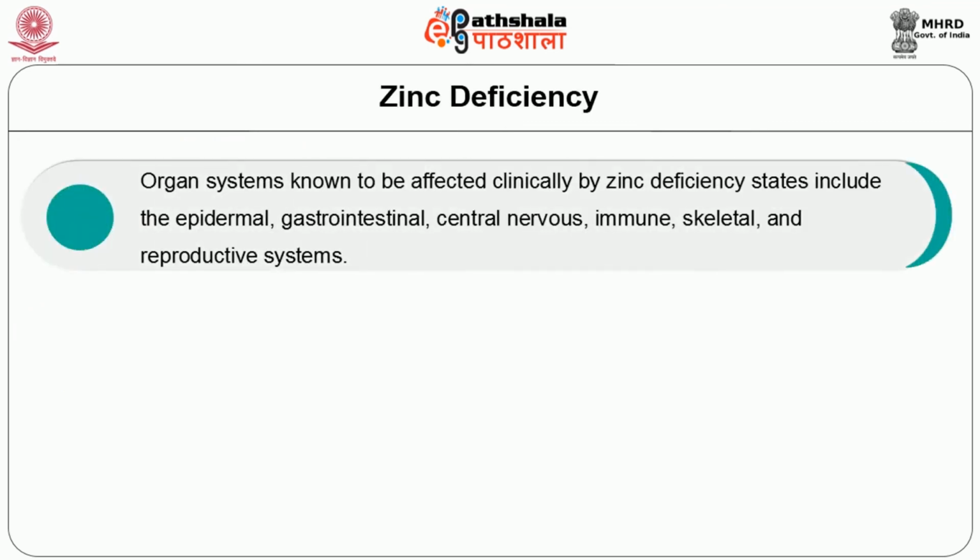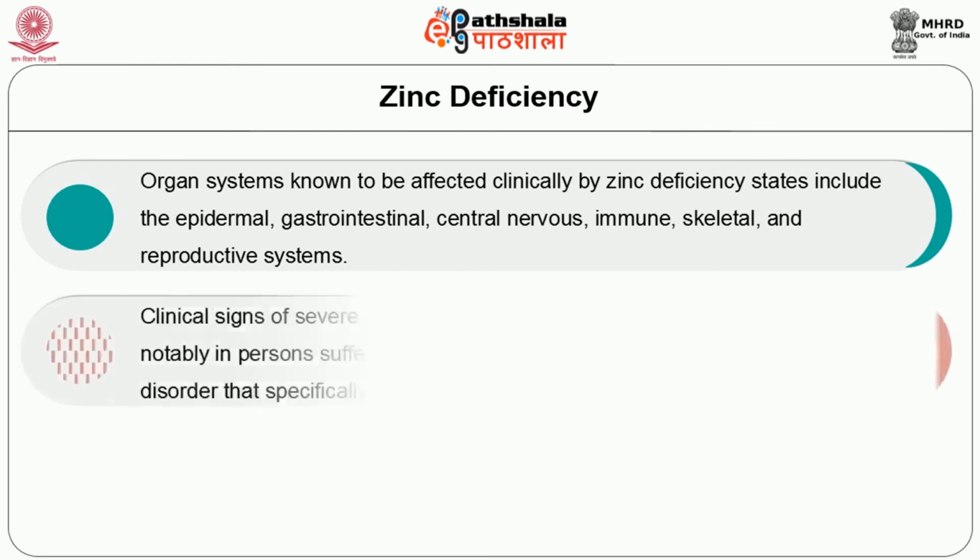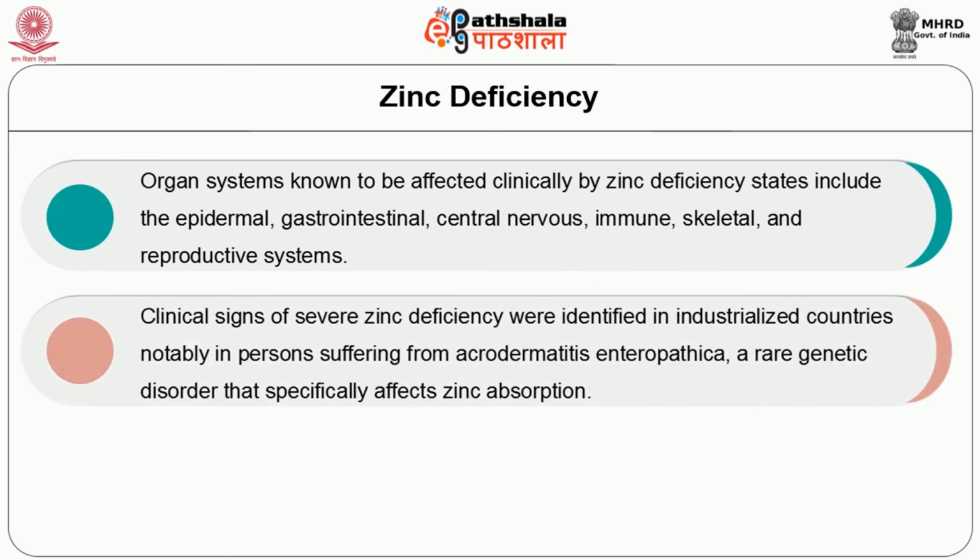Organ systems known to be affected clinically by zinc deficiency states include the epidermal, gastrointestinal, central nervous, immune, skeletal, and reproductive systems. Clinical signs of severe zinc deficiency were identified in industrialized countries, notably in persons suffering from acrodermatitis enteropathica, a rare genetic disorder that specifically affects zinc absorption.